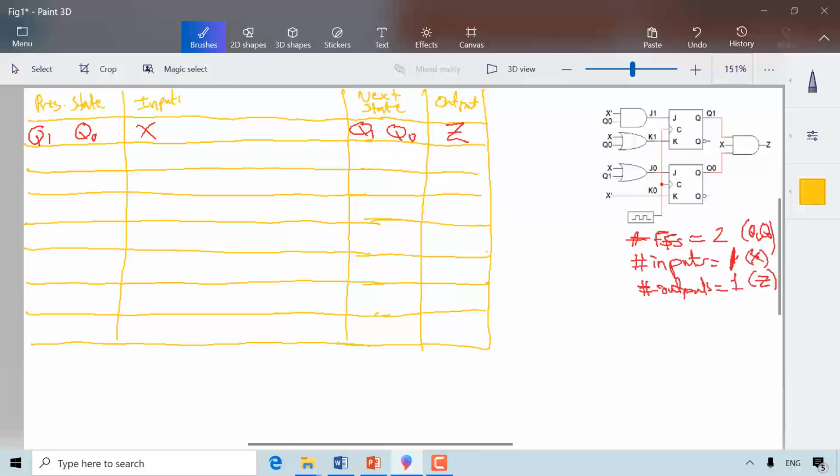You're kind of wondering why we have left this middle space in between. We will use this for flip-flop inputs, because this is necessary to get from the present state to the next state, that we compute the flip-flop inputs, the J1 and the K1, the J0 and the K0. Where are these? So you see those? This is J1, K1, J0, and K0.